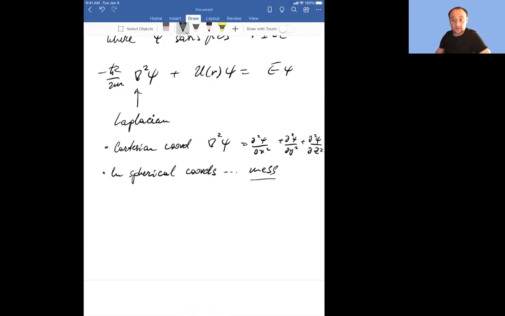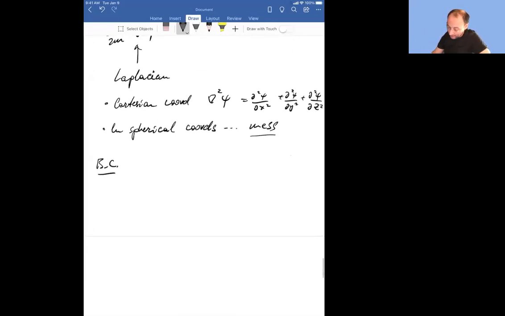But remember, we also have boundary conditions. Very important, because remember, it's the boundary conditions that lead to discretization, quantization. Well, one of them is normalizability. In other words, the wave function has to go to zero fast enough as r goes to infinity in order for it to be integrable.